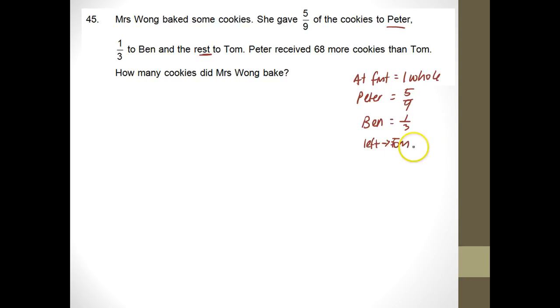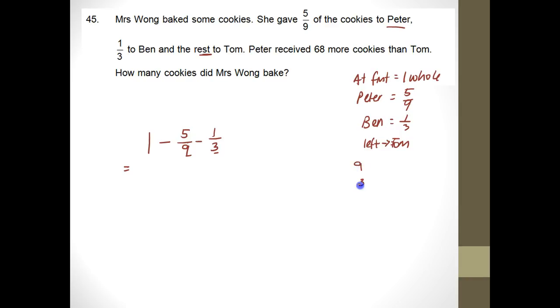So let's now draw our model. I need to find 1 whole at first, so I minus 5/9 that she gave to Peter, minus 1/3 she gave to Ben, to find how much Tom gets. My denominators are different, so I need to find the common multiples to get the common denominator.